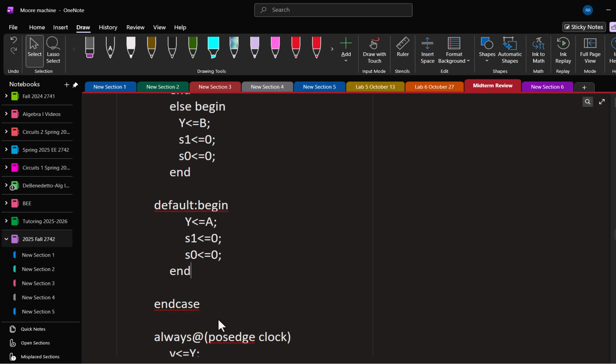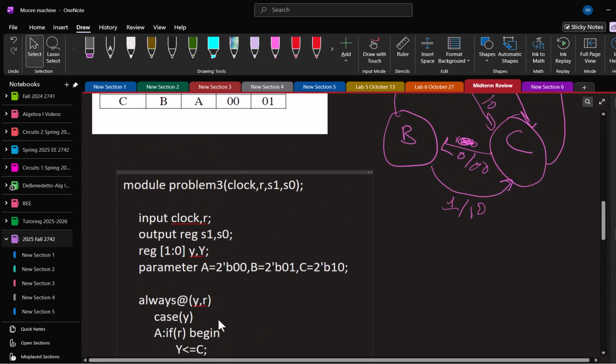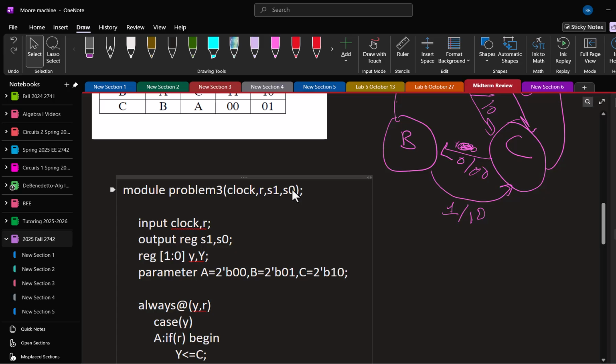And what I would have done if I was really doing this for myself, I would have not done this.